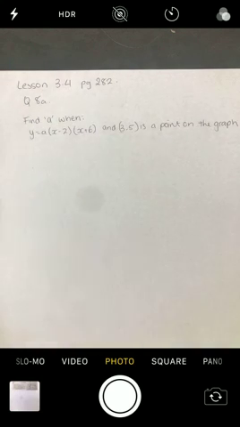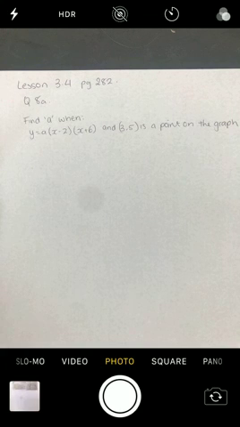If you remember when we talked about a before, we said that when a is greater than 0, the parabola opens up, and that means that we have a minimum value for our vertex. If a is less than 0, so a negative number, the parabola opens down and our vertex is a maximum value. So that makes sense there.